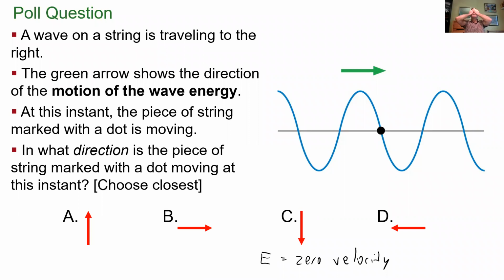The way I try to think about this is that the wave is a pattern which is moving along from left to right. And the particles have to stay on the pattern. That's their job. So when the pattern moves a little bit from left to right, imagine this particle, the black dot: which way would it have to move in order to stay on the pattern?